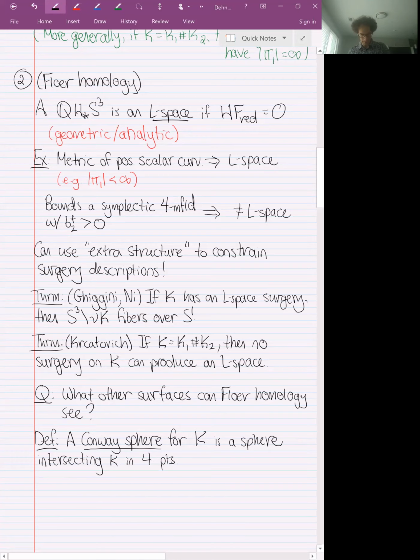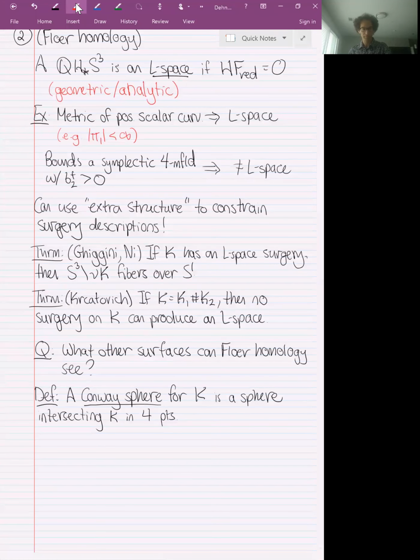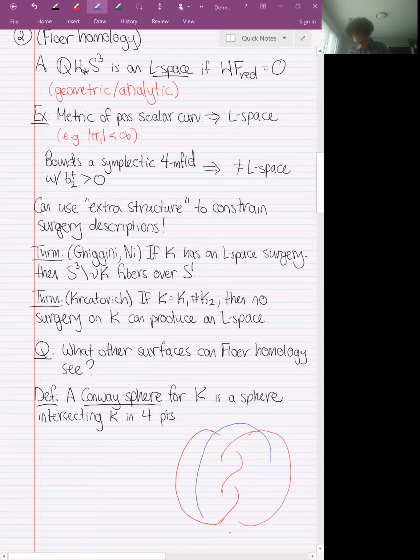So I'll just draw an example of this as follows. So I'm going to have my knot, my trefoil knot again. And I'm going to draw a sphere here in blue. And you'll see that it intersects my knot at exactly 4 points. Great.